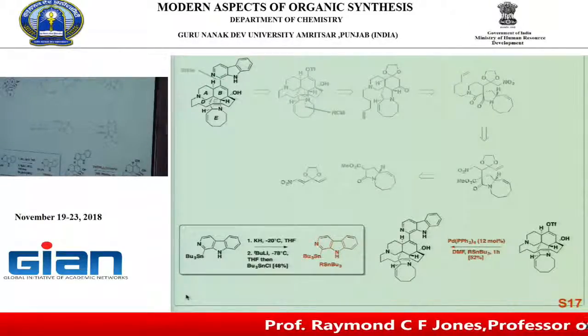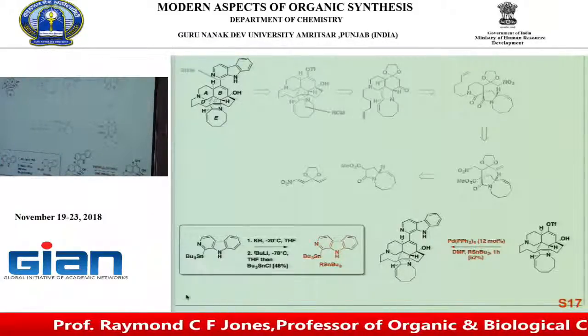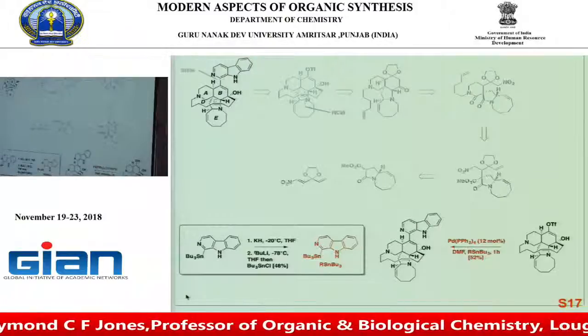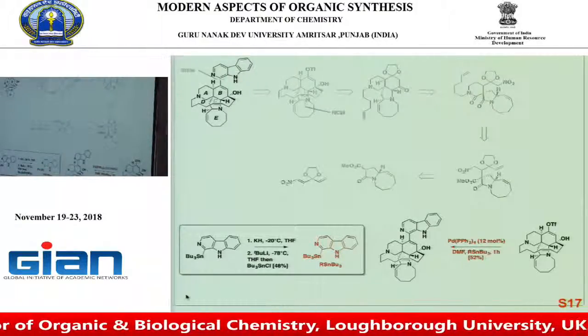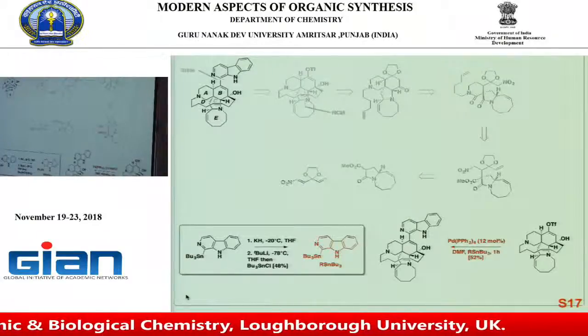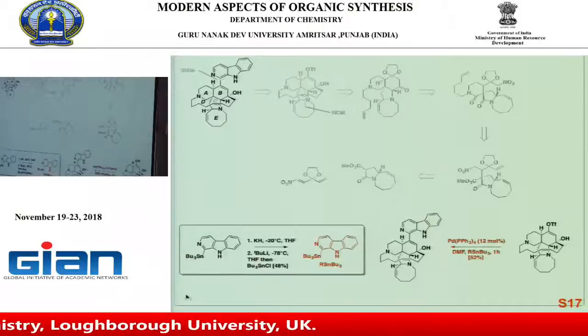And here's the Stille reaction. There's a typo here. This should be a halide on the left hand side, because this is meant to show a halopyridine derivative being turned into the tin derivative ready for the Stille coupling.